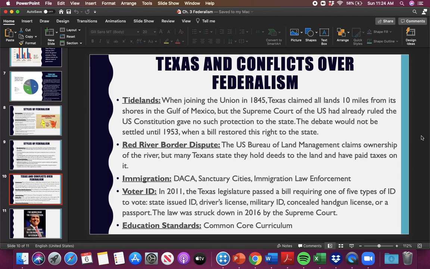Now, the way the Constitution is written, local government's authority is subservient to the state, just like the state is subservient to the federal government. But we've seen increasing instances of the cities in the state of Texas pushing back against state government on issues like this, on law enforcement funding, all this stuff that's been happening this year.